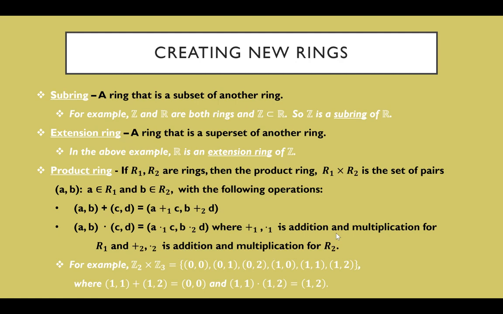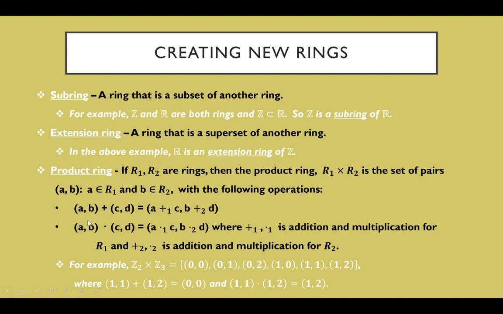In the product ring, we are combining two rings by element, and these are going to be ordered pairs, where the first element in the ordered pair is from the first ring. The second element in the ordered pair is from the second ring. And a product ring is going to follow these two rules here.